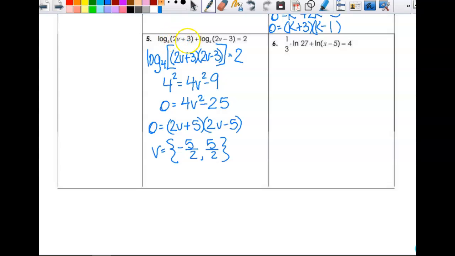Negative 5 plus 3 is a negative number, so this one doesn't work. Then 5/2 times 2 is 5 plus 3 is fine. And then 5/2 times 2 is 5. 5 minus 3 is positive, so that's fine too. So my answer is just 5/2. Everybody okay with that? Awesome.